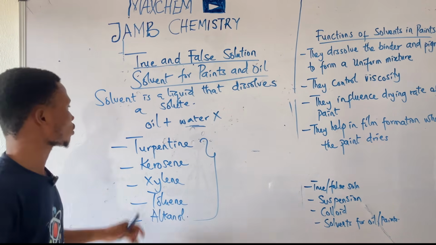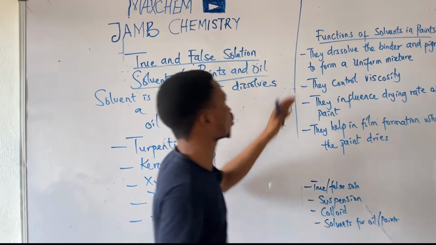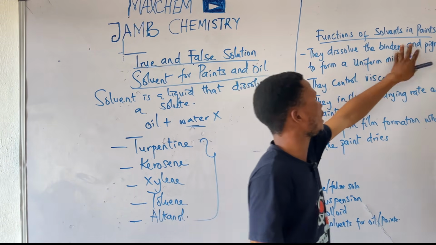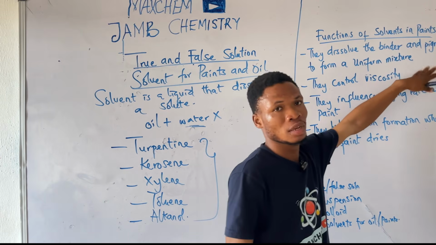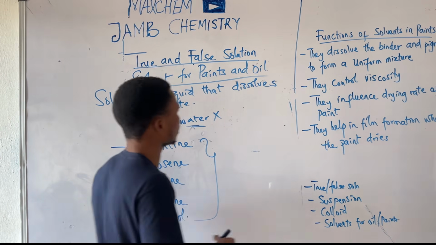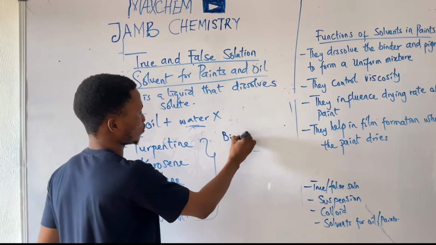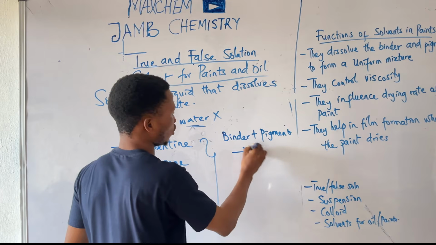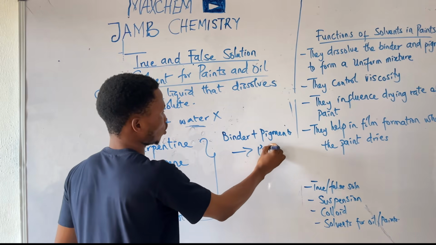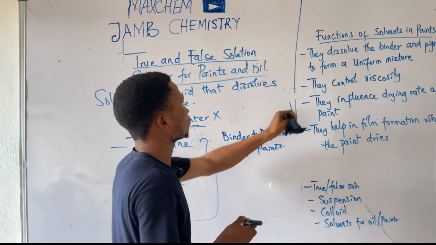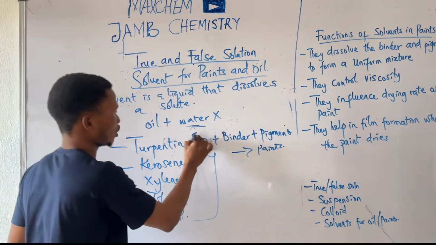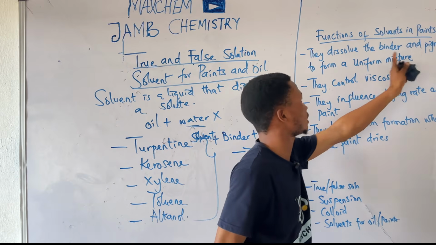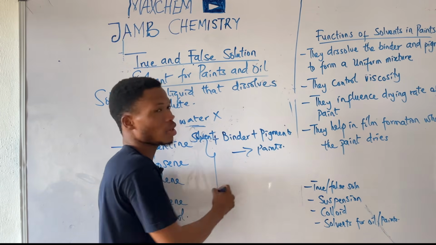All right, so the function of these solvents in paint is that number one, they dissolve the binder and the pigment to form a uniform mixture. So in our paints we have binder and pigments to form our coloration, that is our paint. So our solvents will dissolve the binder and the pigments to form a uniform mixture.